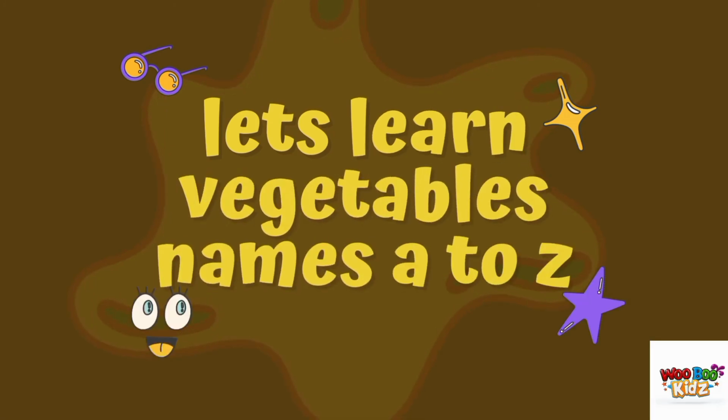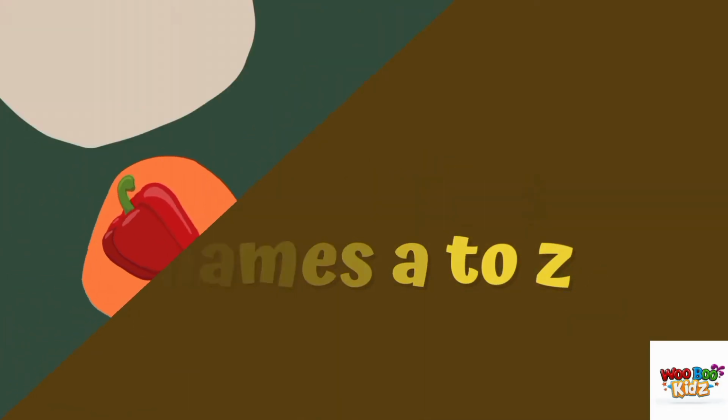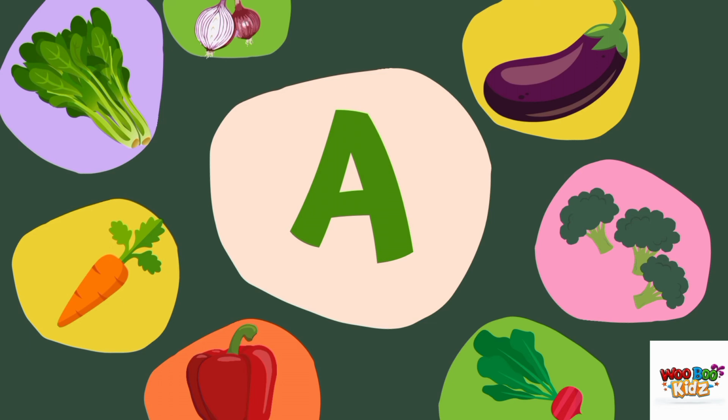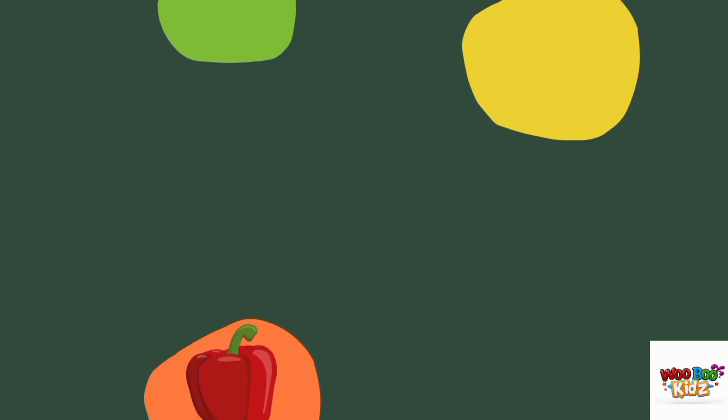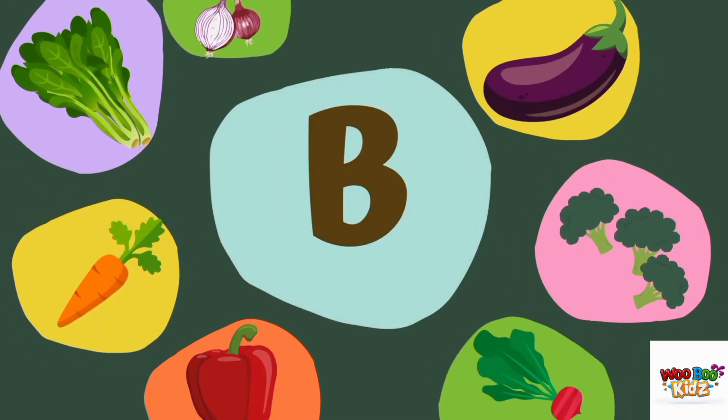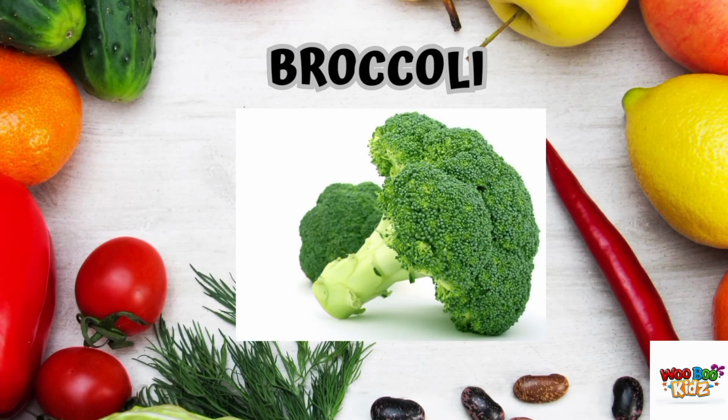Let's learn vegetables name A to Z. A. A is for asparagus. B. B is for broccoli.